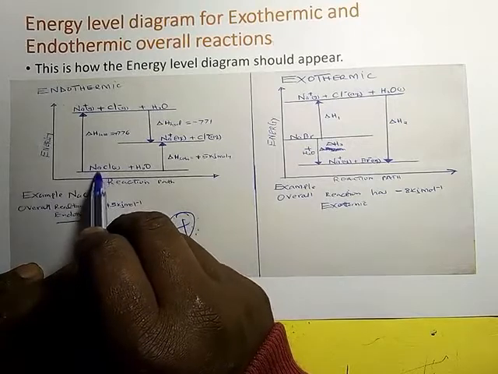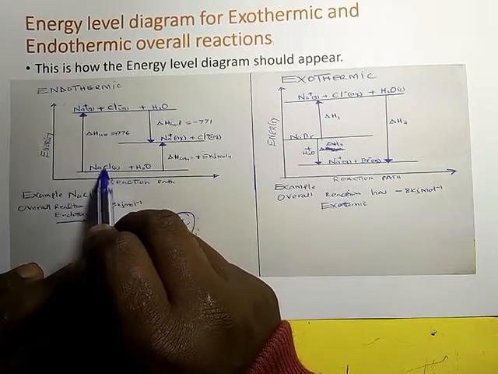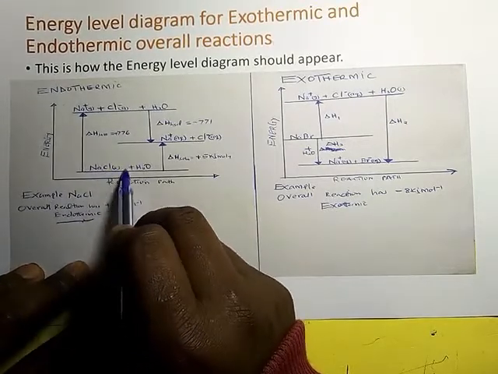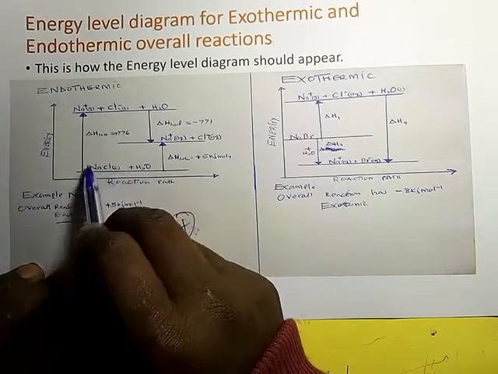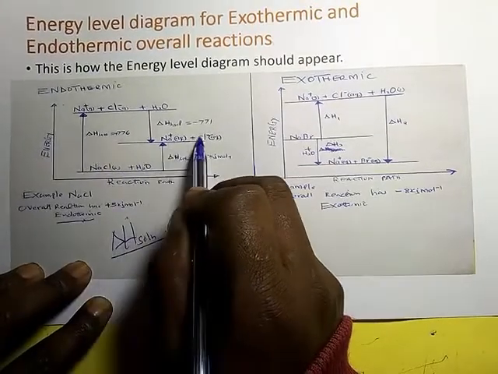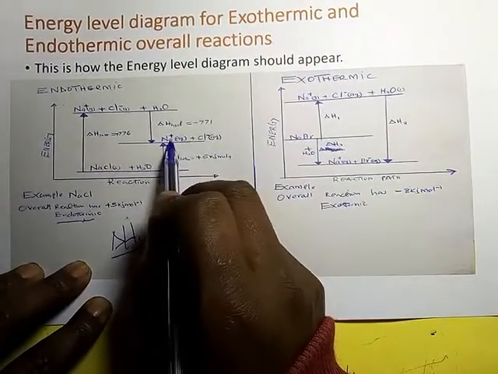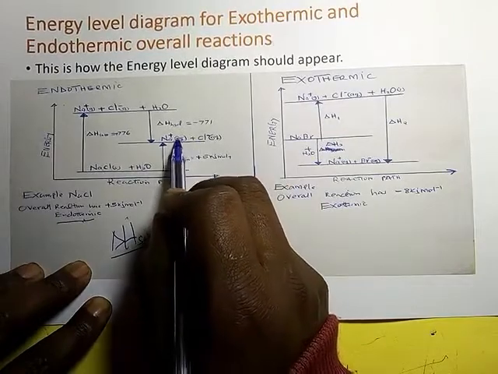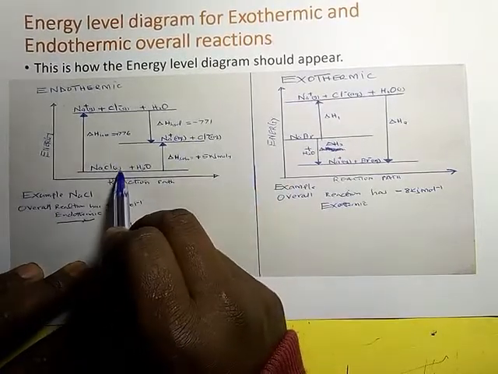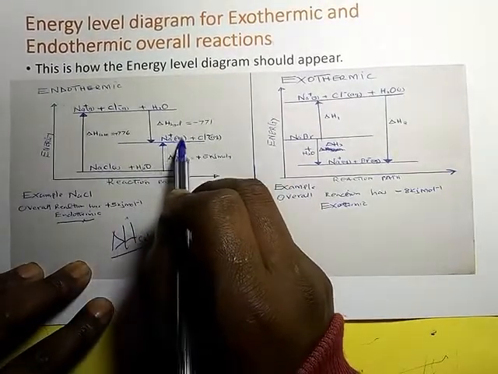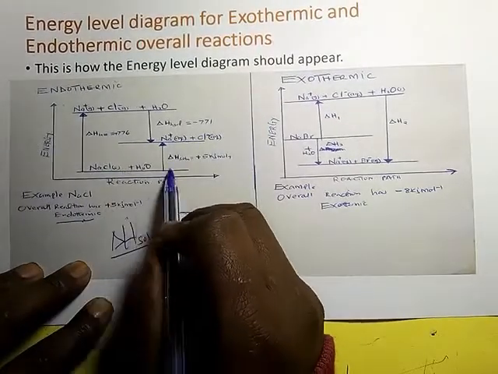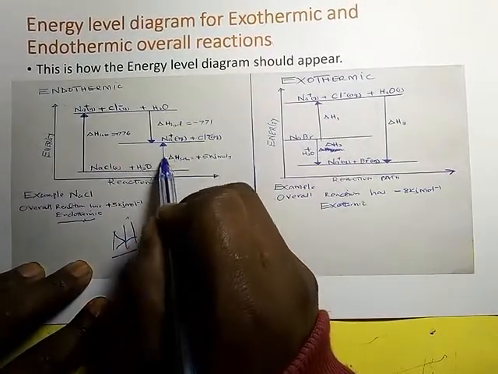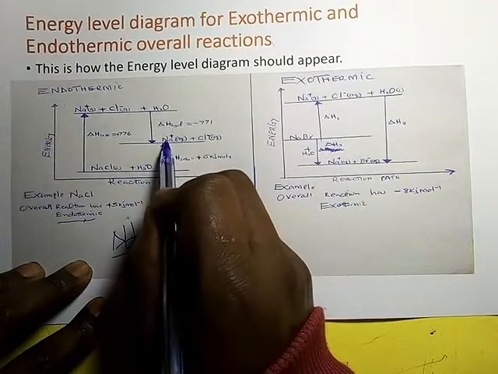These are the reactants, for example sodium chloride plus water, and the energy of the final products is higher than the energy of the reactants. So the heat of solution arrow should go upwards.